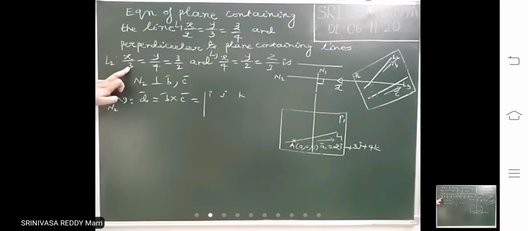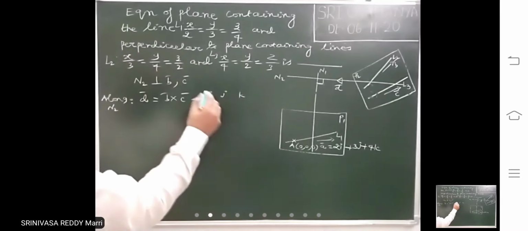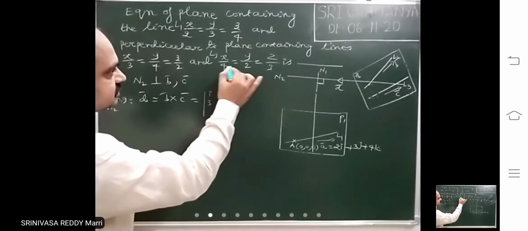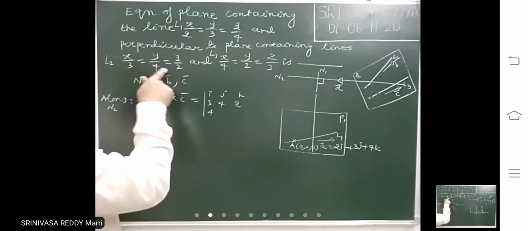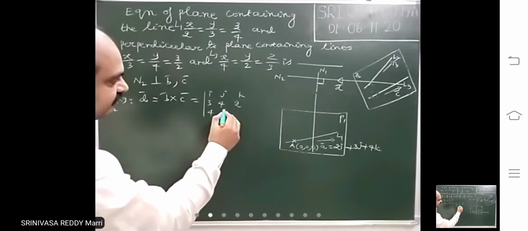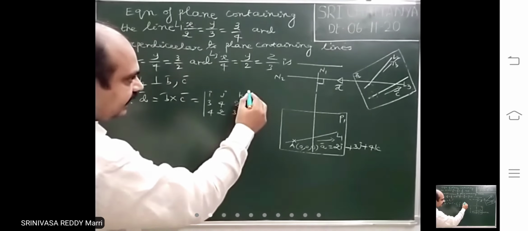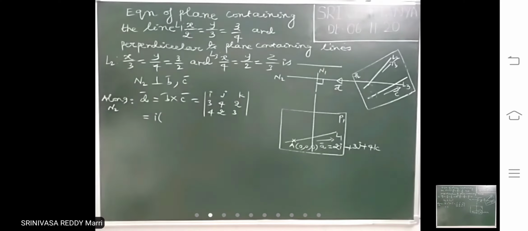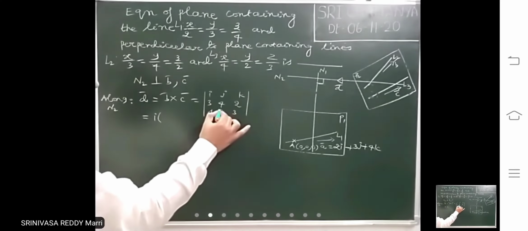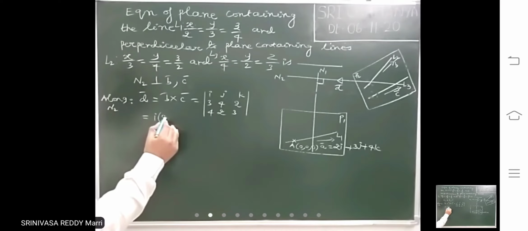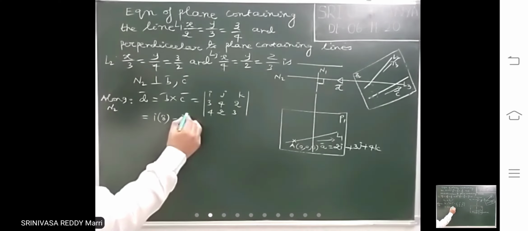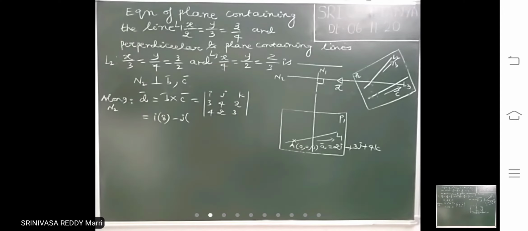b bar is 3i plus 4j plus 2k, that means 3, 4, 2. c bar is 4, 2, 3. Let us find this normal vector d bar. So i into 12 minus 4, which is 8.